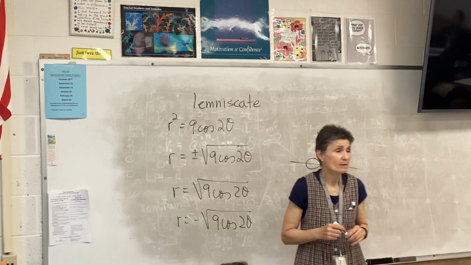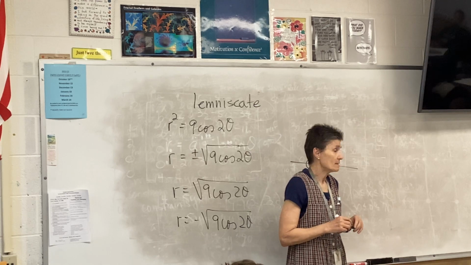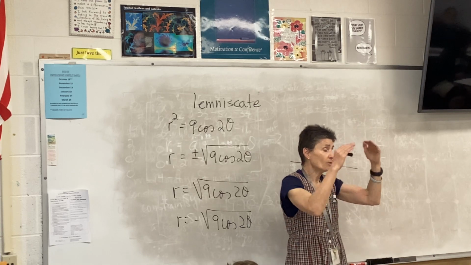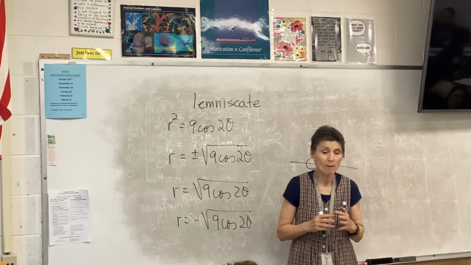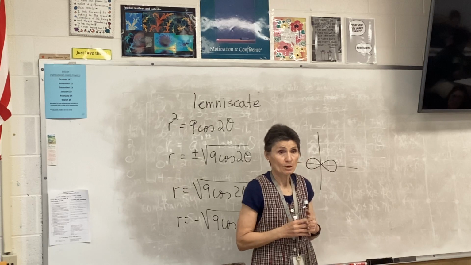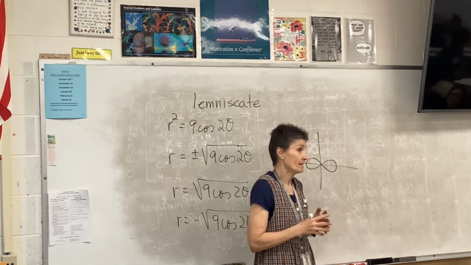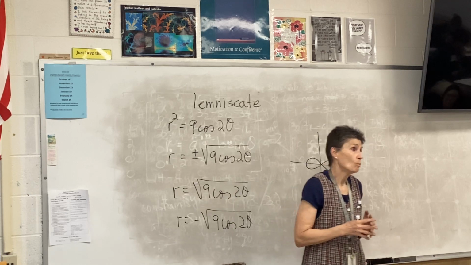Now, that is going to have a very significant impact because with all the other curves, we were able to graph between 0 and 2 pi because they all involve sines or cosines, and the period of the sine and cosine is 2 pi. What does that mean?